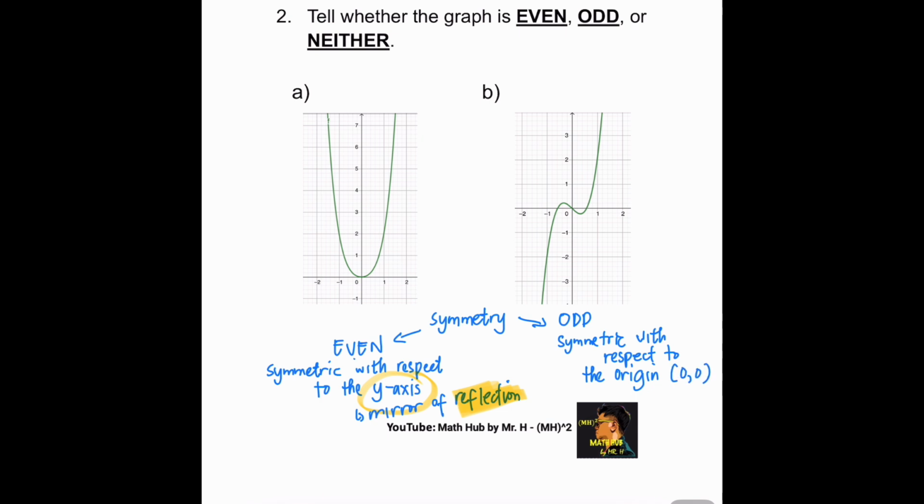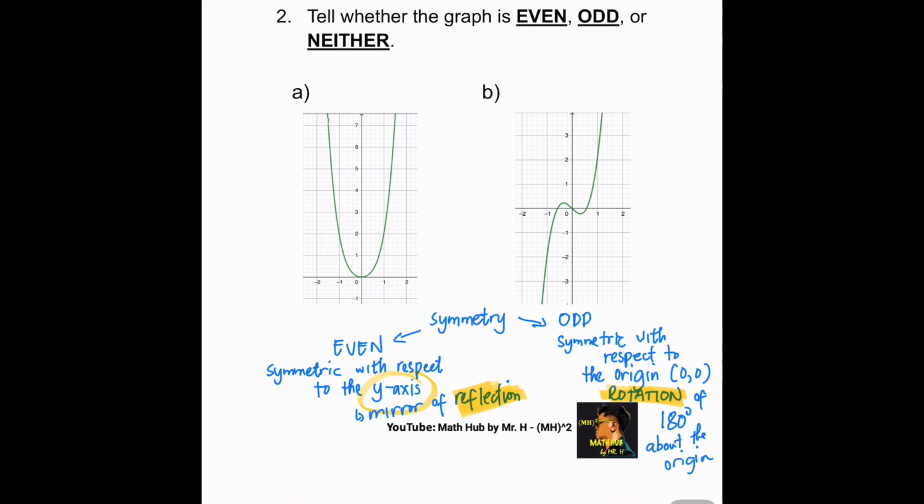If even function is about reflection, odd function is about rotation. So definitely we're talking about rotation of 180 degrees about the origin.